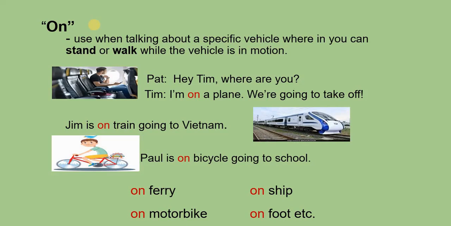Okay? So again, the preposition on is used when talking about a specific vehicle wherein you can stand or walk while the vehicle is in motion.